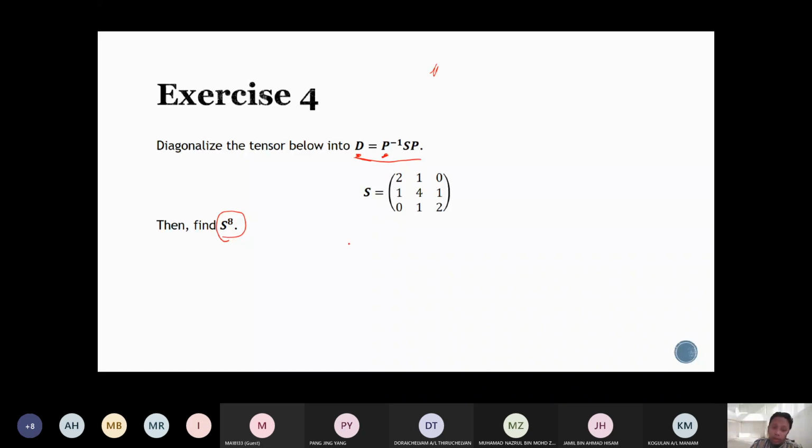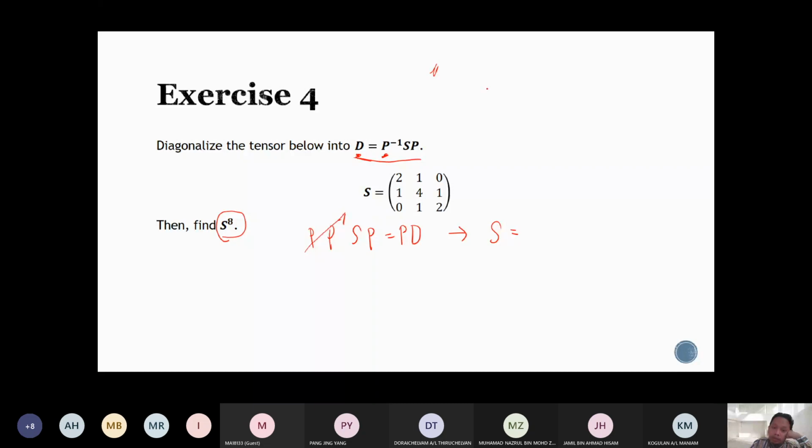So we have P inverse S P equals D. Then if we rearrange this, we can get S equals, you just multiply by P here. If you multiply by P in front here, then you must multiply P in front of D. Why do you multiply P? Because you want to cancel this.